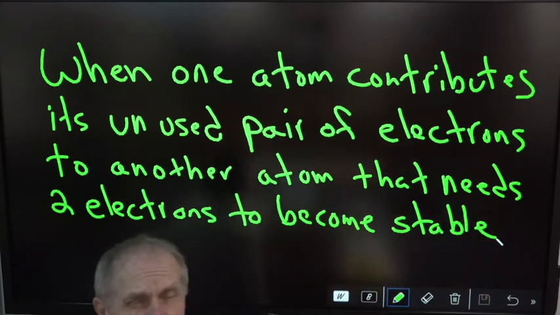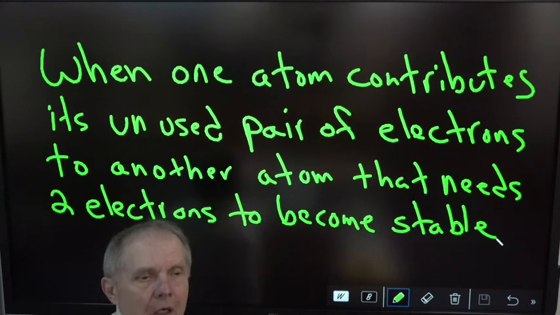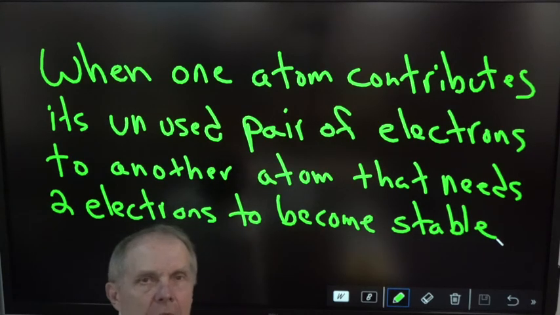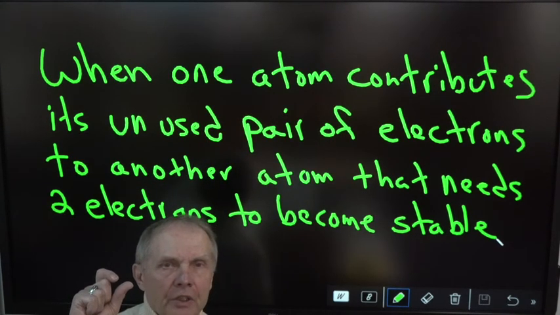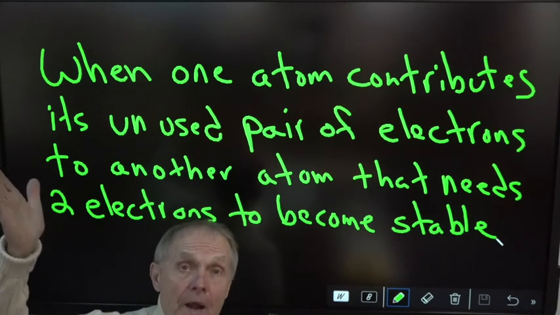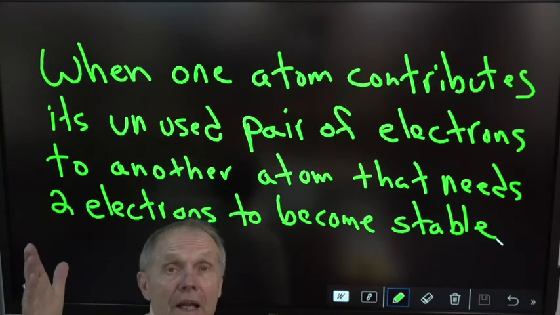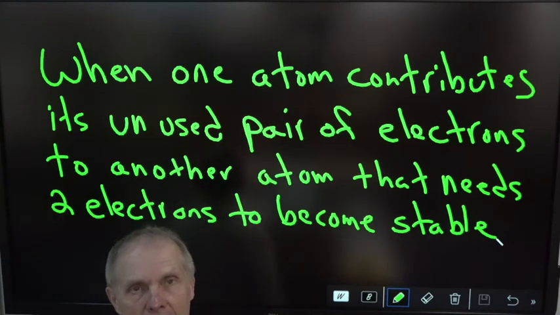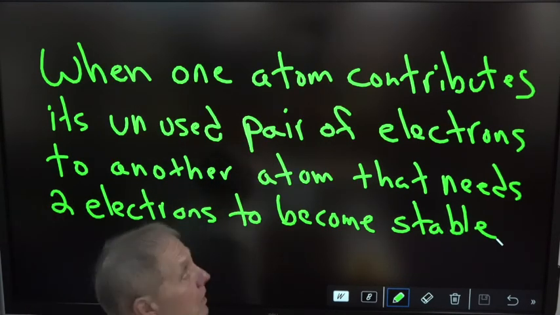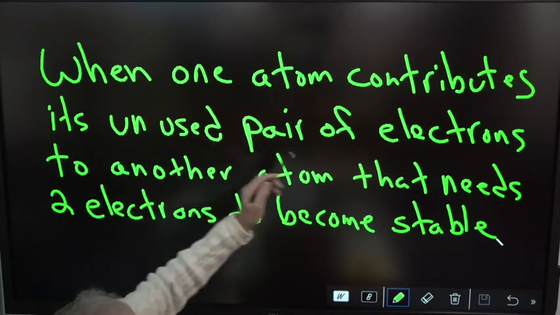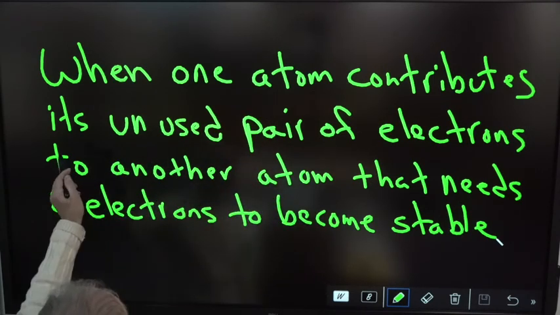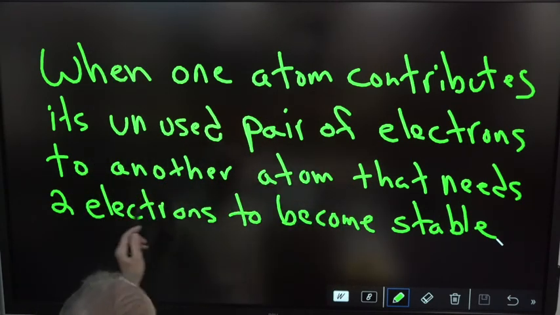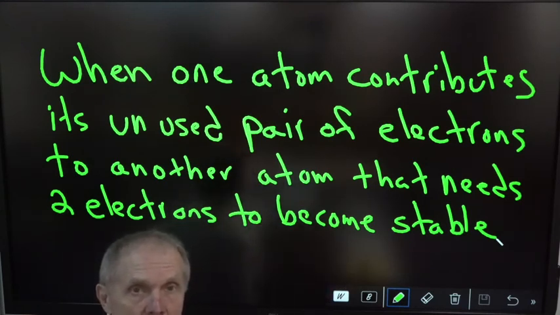So this is kind of a long definition, but you just got to remember, one atom has an unused pair of electrons, and another atom needs 2 electrons. That one that needs 2 electrons will jump right on top of that unused pair of electrons, and that's a coordinate covalent bond. So when one atom contributes or shares its unused pair of electrons to another atom that needs 2 electrons to become stable.